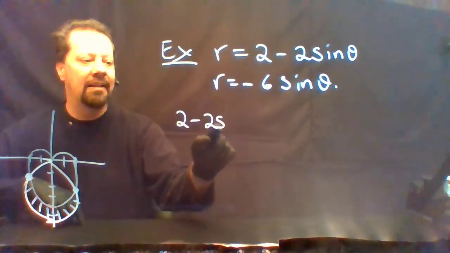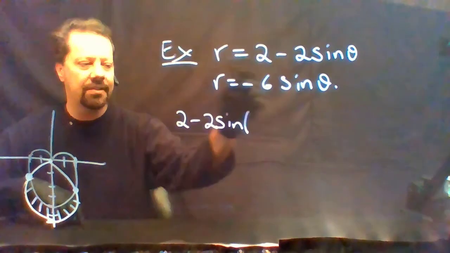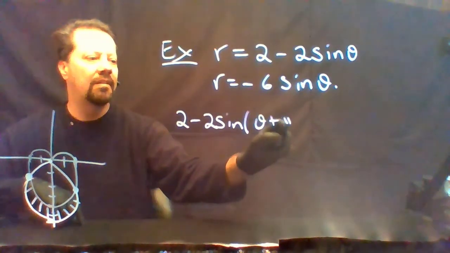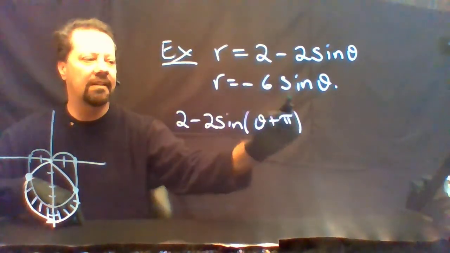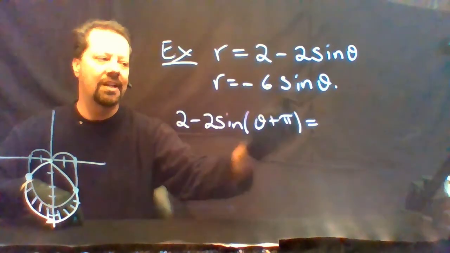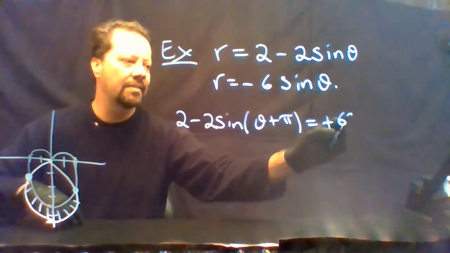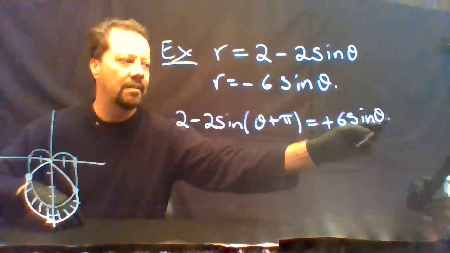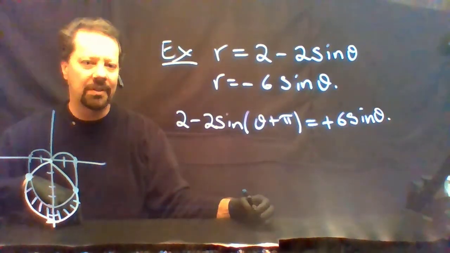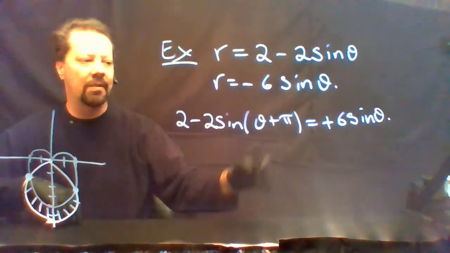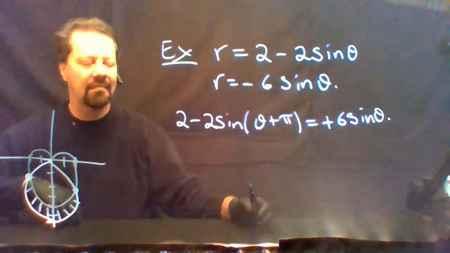We need to do a phase shift on the first curve compared to the second curve. And on the second curve, we need to change the sign to positive 6 sine theta. This will give us the values of theta where the two curves intersect.